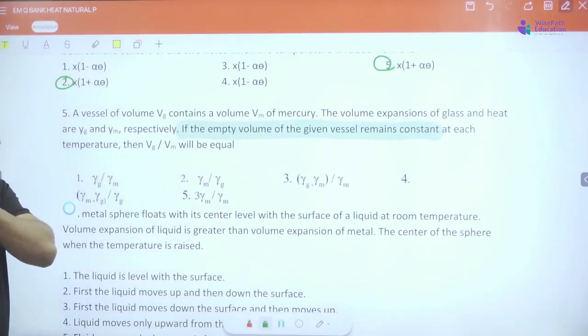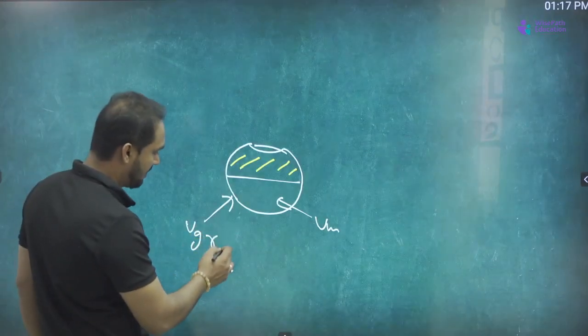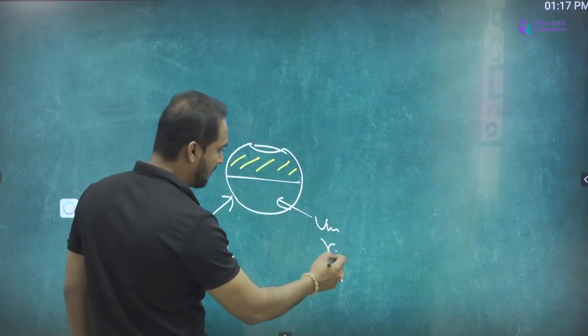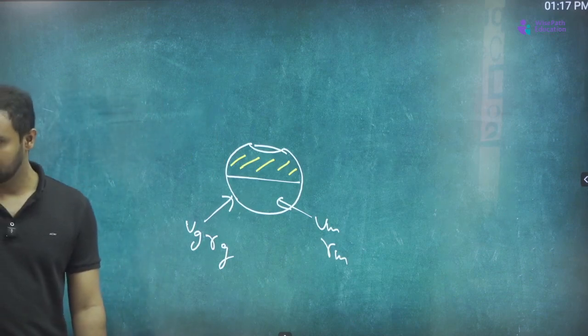What are the expansions? Gamma g and gamma m. These are the expansivities, right?